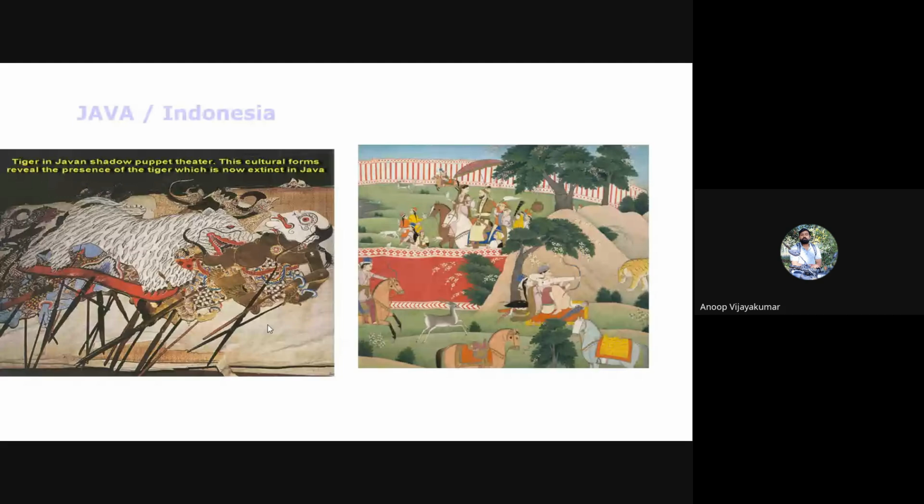These are some historical paintings from India and neighboring countries. You can see how much importance they gave to the tiger in different cultures in India and neighboring countries, wherever tigers used to be present, and you can see it in all that artwork and the historical books about tigers.